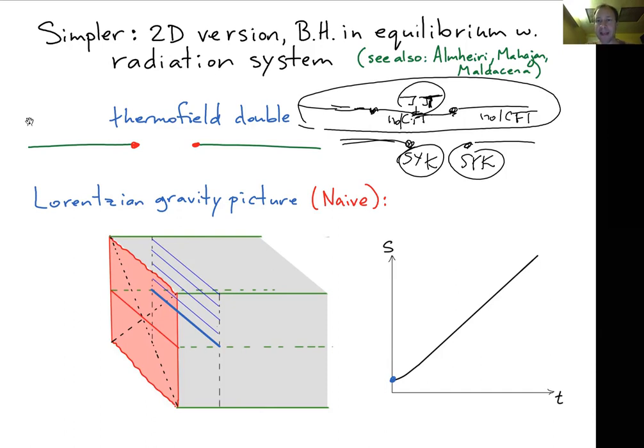Later developments of the Stanford group and also the IAS group were pointing out the relevance of these Euclidean wormholes in the entanglement calculation. So that also shows up for us.